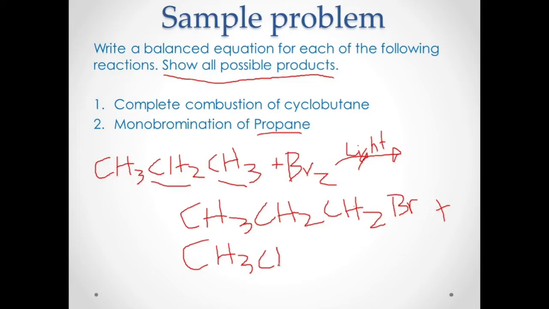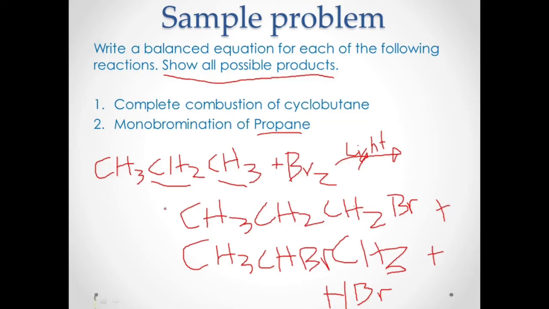So you have two products for this because your carbon number 1 can be monosubstituted with your Br, and also your carbon number 2 can be substituted with your Br. So you have 2-bromopropane. And also, the last product is the formation of a hydrogen halide, which is hydrogen bromide, HBr.